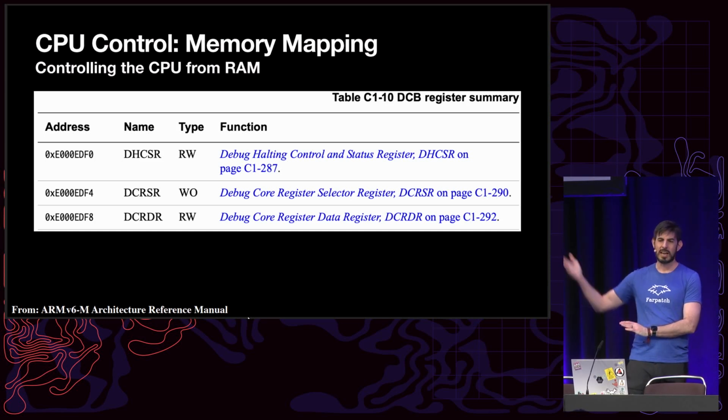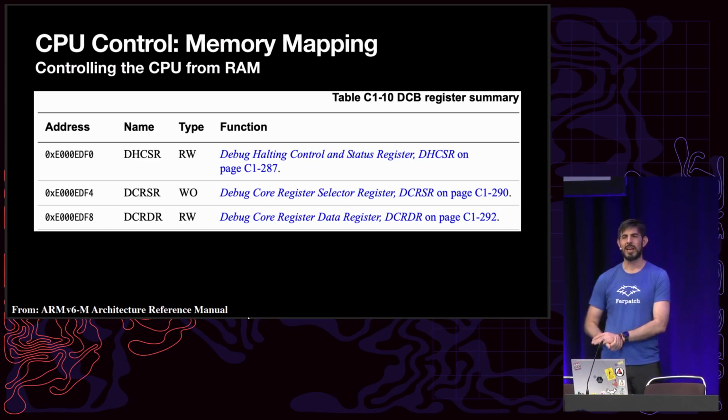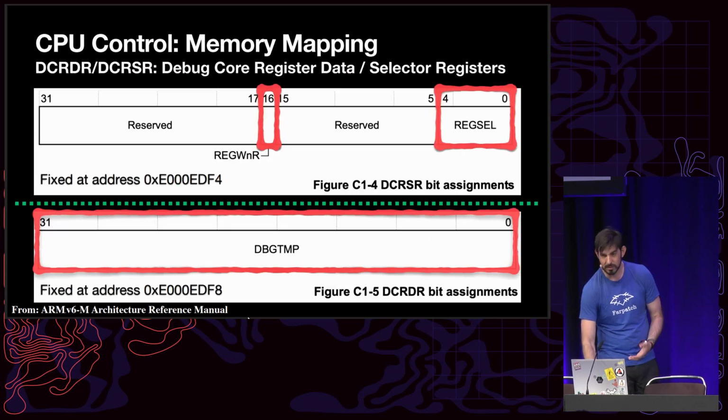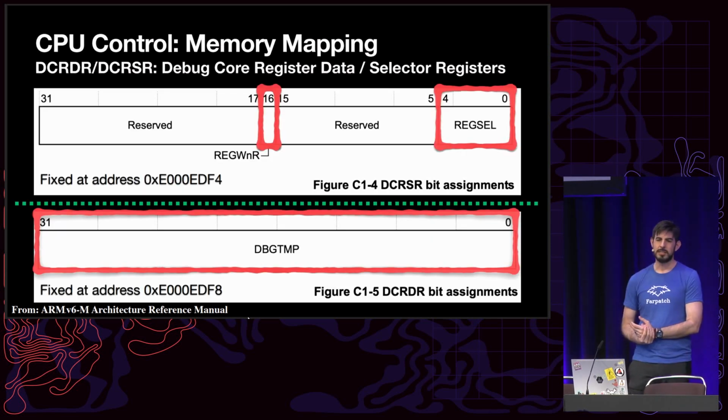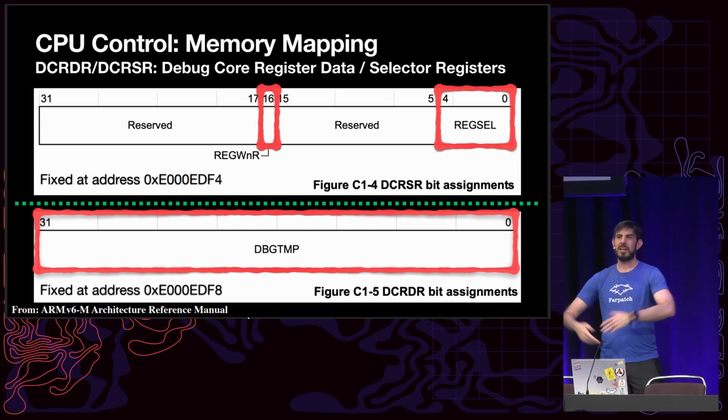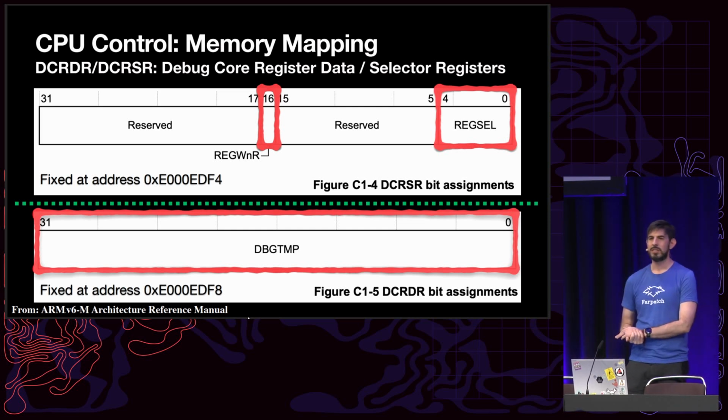And the nice thing is these addresses are fixed, and so you can just access these registers to be able to do things like halt the CPU, access various actual register values. There are these 2 registers here, DCRSR and DCRDR. By putting a register number like 0 for R0 in REGSEL, you can say I'd like to access register 0 or register 1.